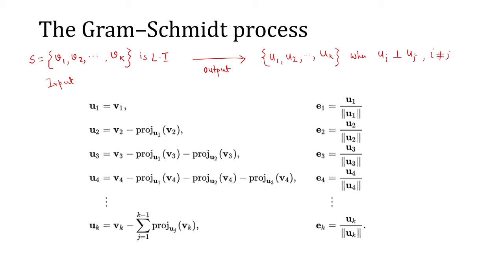Meaning what? Basically every vector in this set is orthogonal to each other, that is, perpendicular to each other. This is the perpendicular sign. This step is called the orthogonalization step.